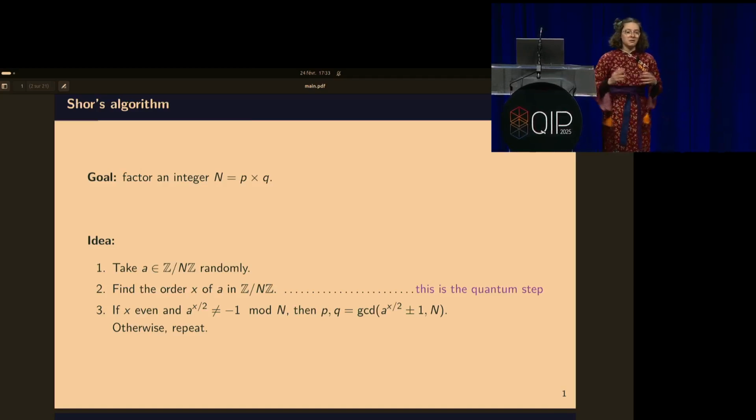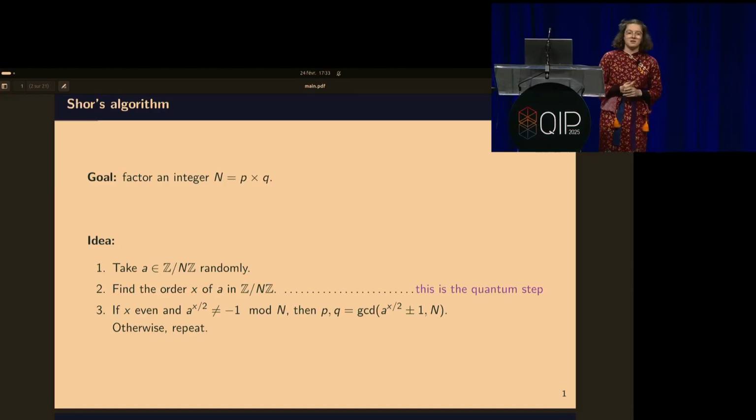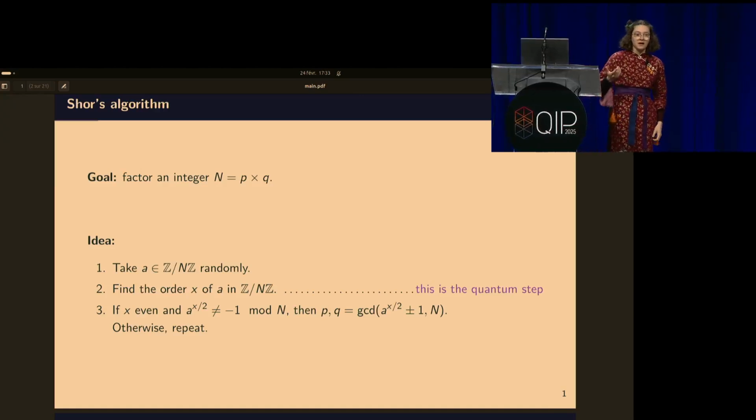You will try to find the multiplicative order of A in Z over NZ, which means concretely that you are looking for the smallest positive integer x such that A to the power of x modulo big N is equal to 1. And once you've done that, if x has the right properties, you're able to deduce the prime factor of the integer N we want to factor. And if x doesn't have the right properties, you just change the value of A and you redo all of the steps over again until you find something suitable.